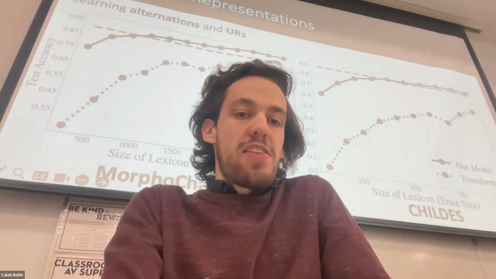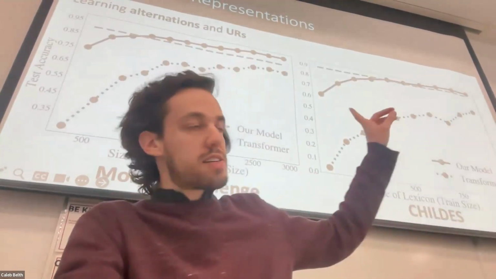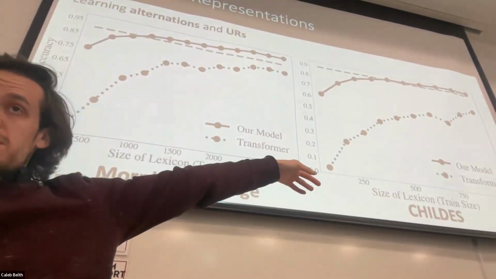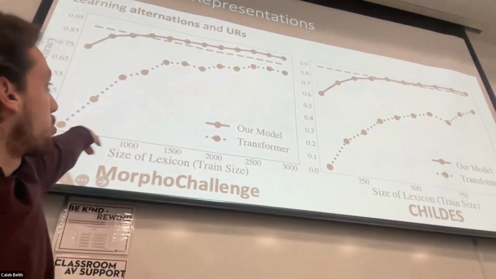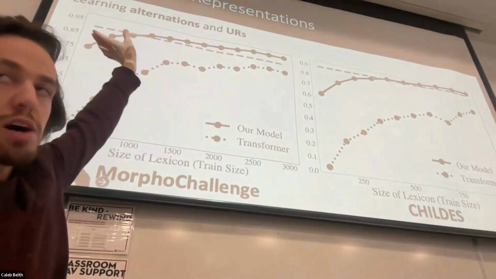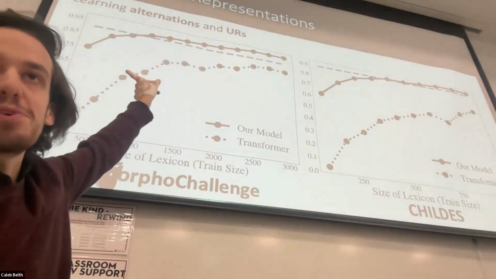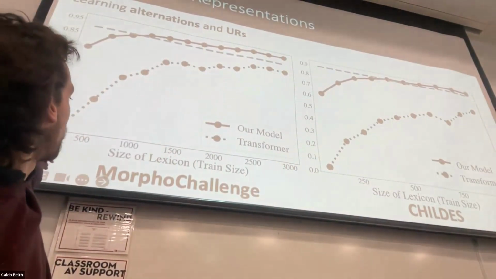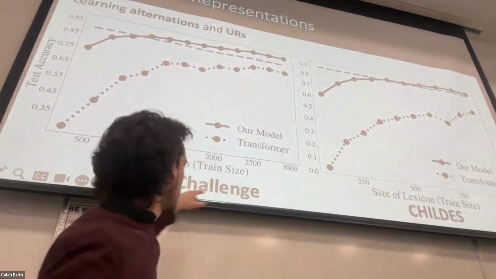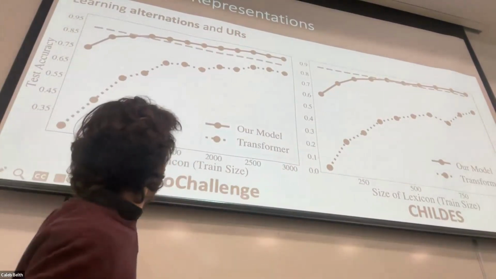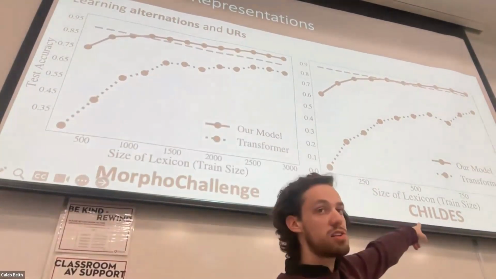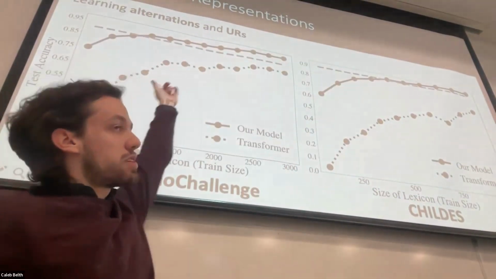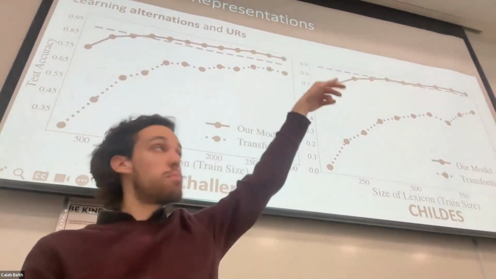And then here's the results at predicting the surface forms of words not seen during training. So this is, of course, combined with the model I presented in my job talk for learning the surface realizations of these underlying forms. And we're seeing as vocabulary size increases on the x-axis for the morphophonological data set and the childish data set, and then the y-axis is the accuracy predicting held out forms.